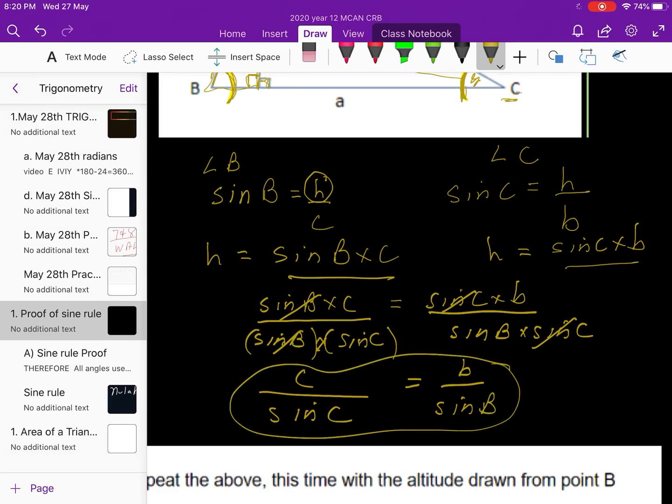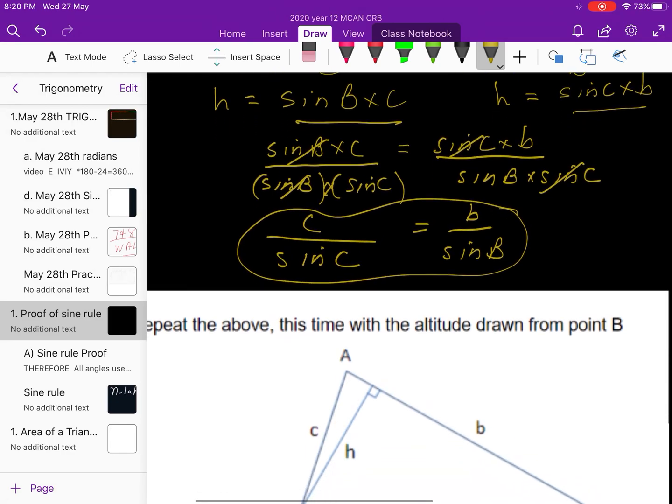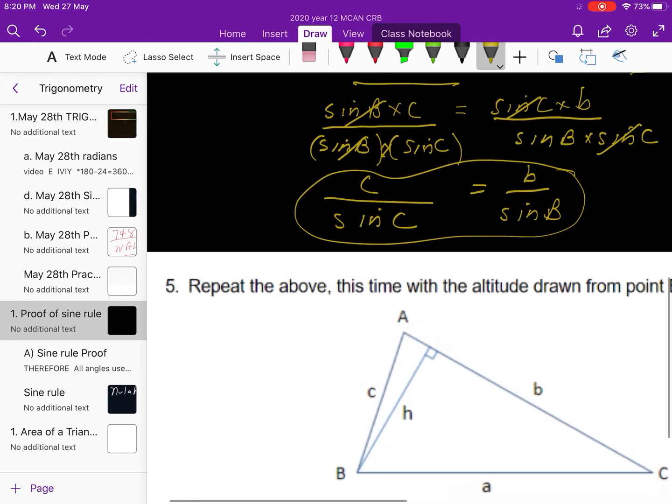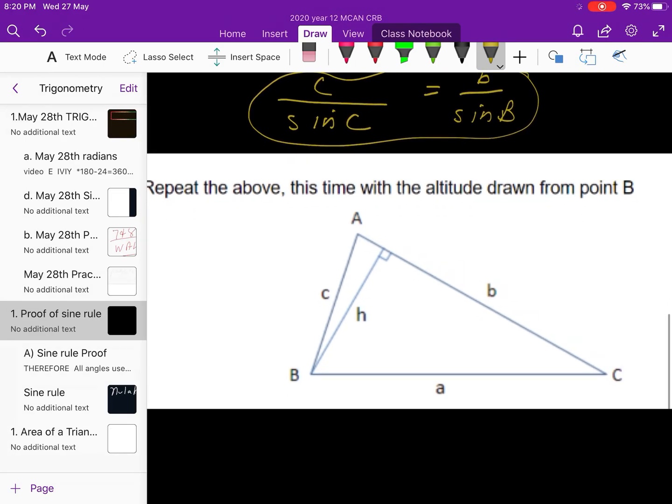Now this is the beginnings of the sine rule, because this is part of the sine rule. Now we can also repeat this above statement for drawing an altitude from B to AC. So we've changed the altitude.